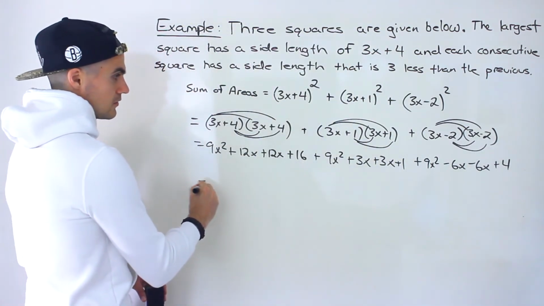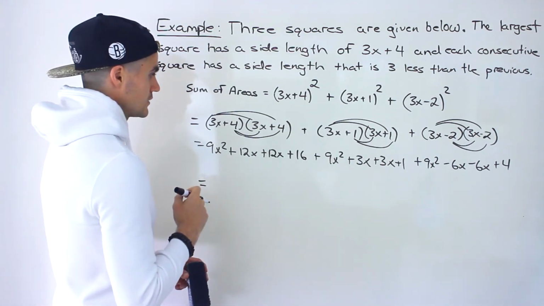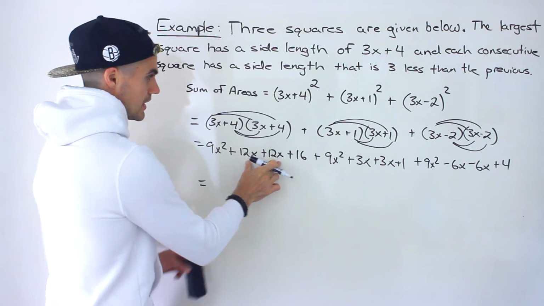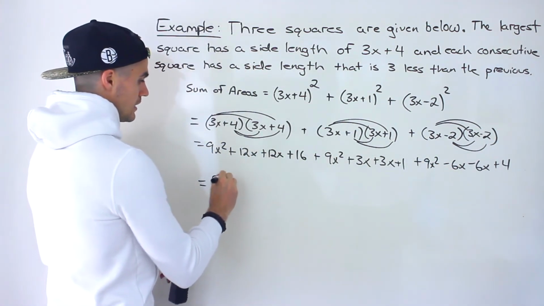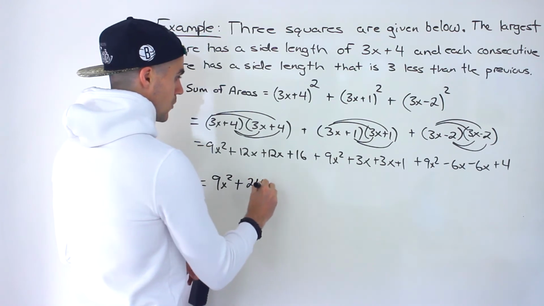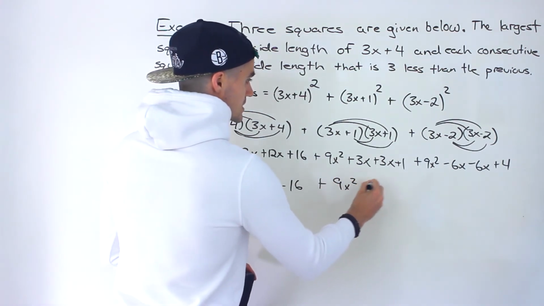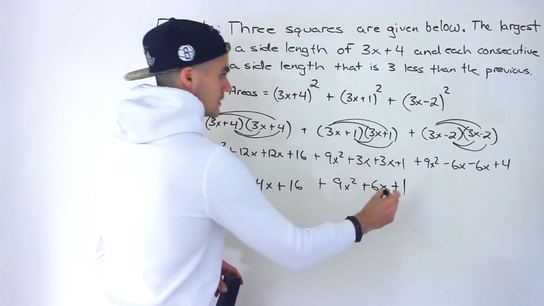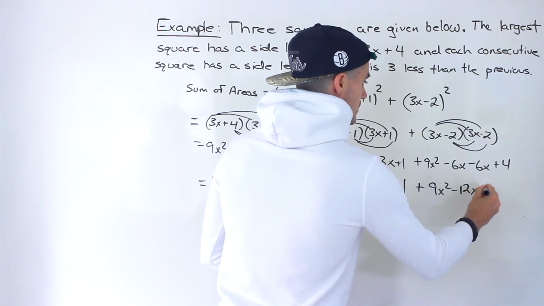And then from here, we just have to simplify all of the like terms. So I'm actually going to simplify first the like terms in the middle of each of these. So we'll have 9x squared plus 24x plus 16, plus 9x squared plus 6x plus 1. And then over here, 9x squared minus 12x plus 4.